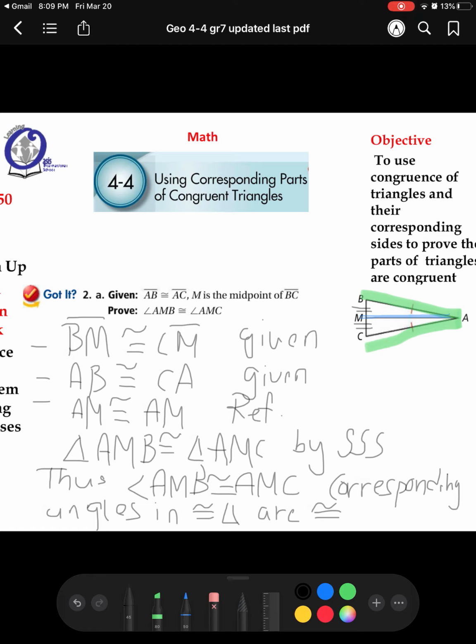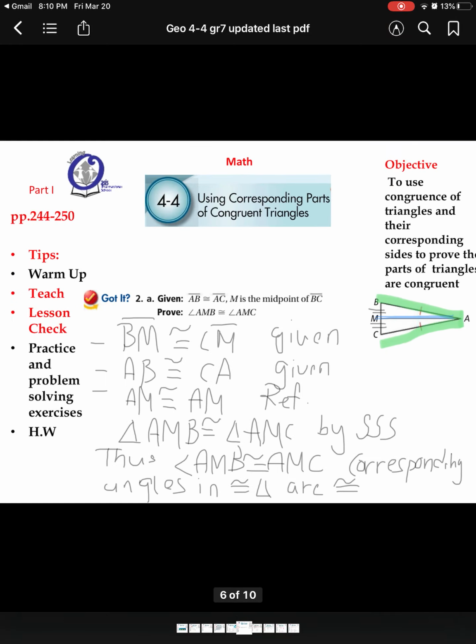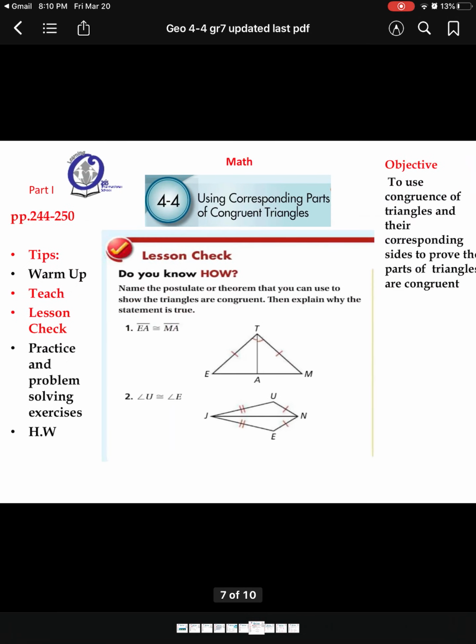Okay, so the steps to solve: highlight the parts that he gives you, and guess what is the postulate that he used. After you prove the congruence between the triangles, you relate the corresponding sides and angles and show that they are congruent. Now we will solve one question from the lesson check.